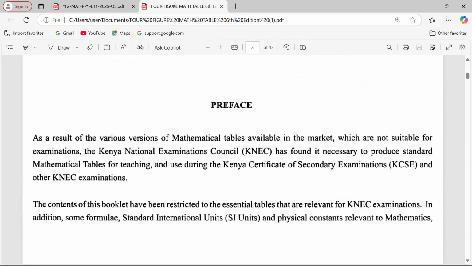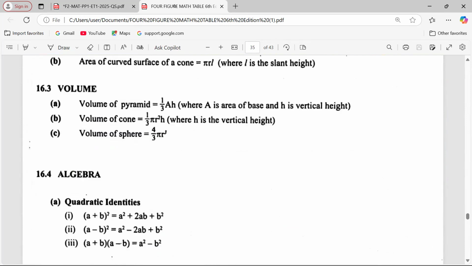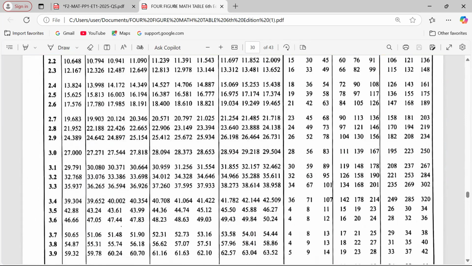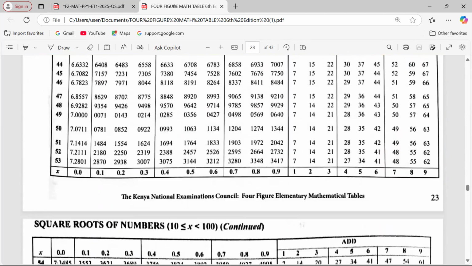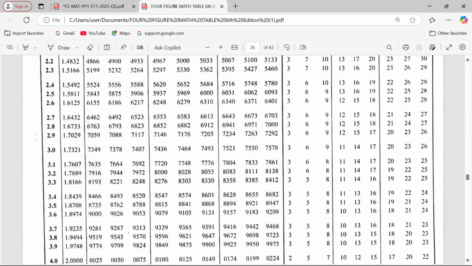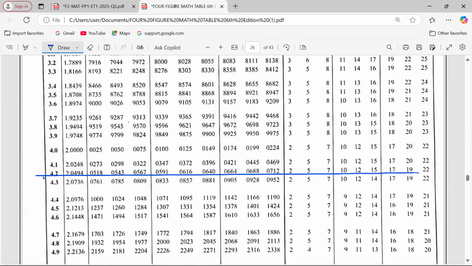So the square root tables. These are cubes; their square roots are here. So we go to 4.2, then 68. 4.2 is the row that has 4.2.